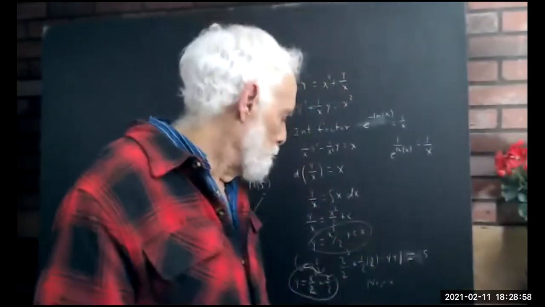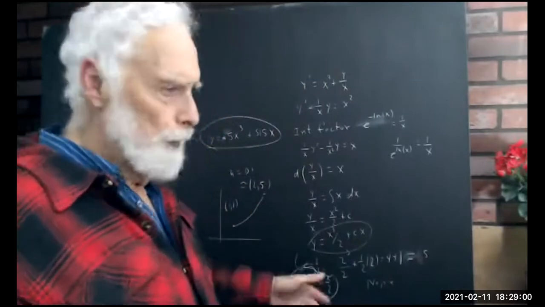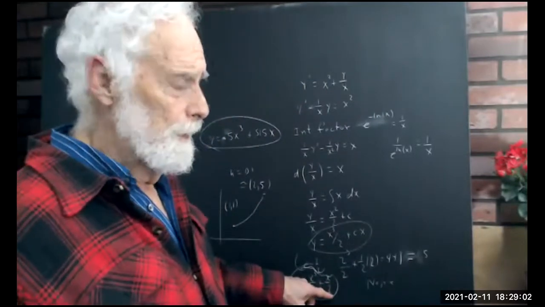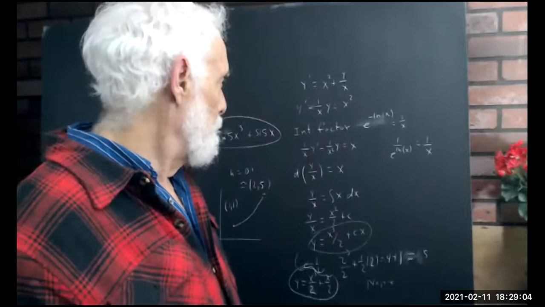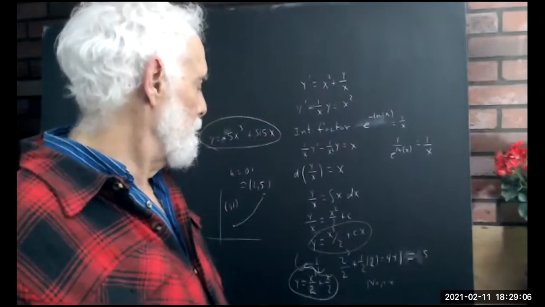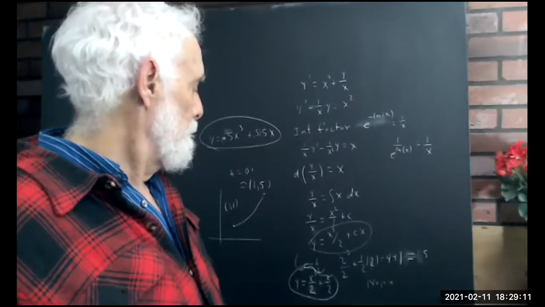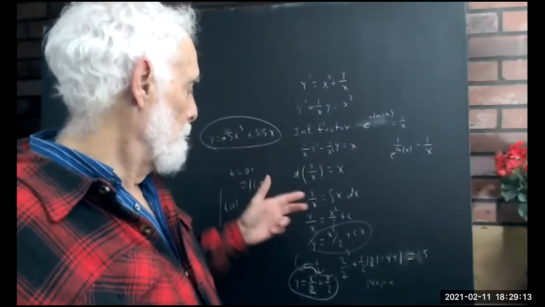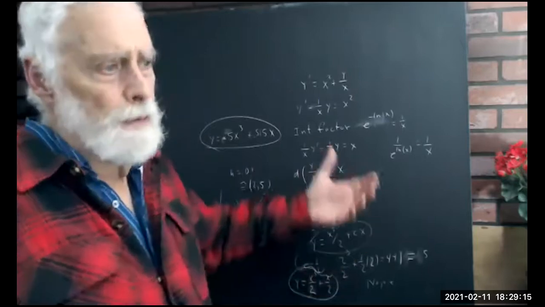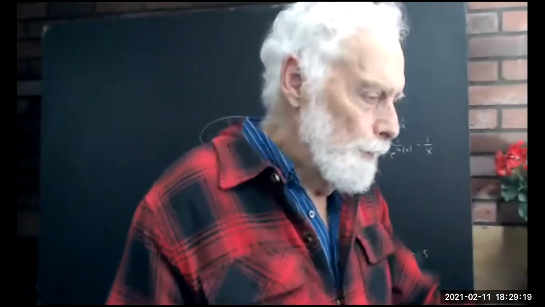Everything agreed except that the y over x gives me a 1/2. Actually it gives me a 1/2 and y prime gives me a 1/2. Okay, so it works. Okay, well, anyhow, so amidst all that confusion, I went back to Excel.